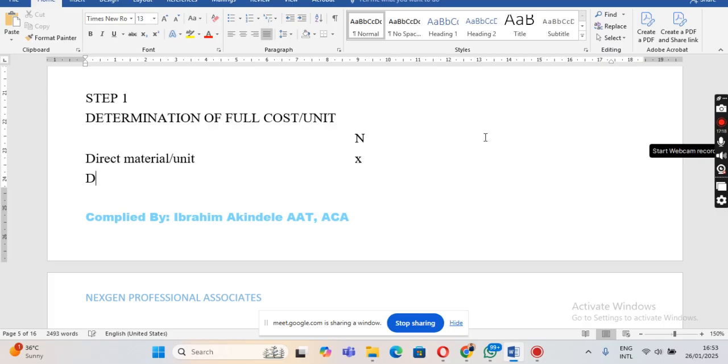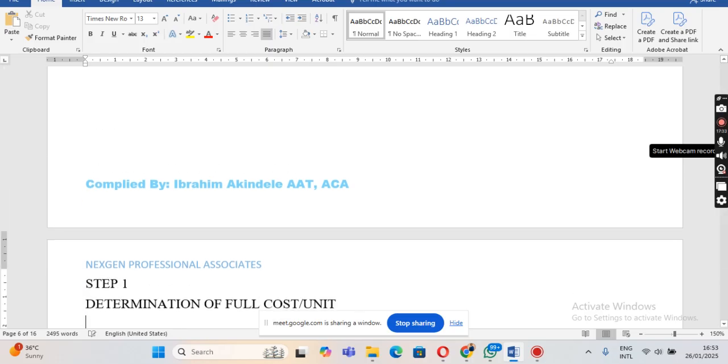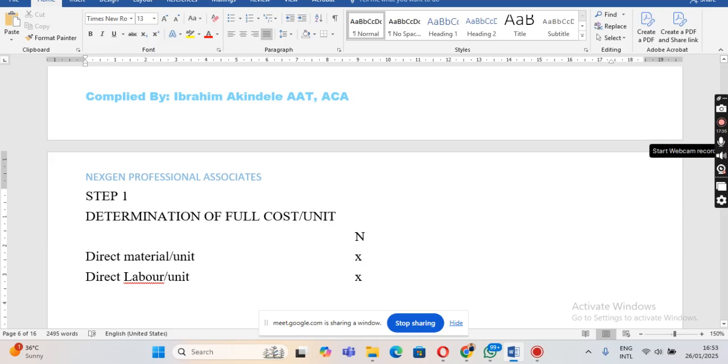So you can have direct labor per unit as well, class, right? You put it there. Then you can equally have variable production overhead as your variable cost.